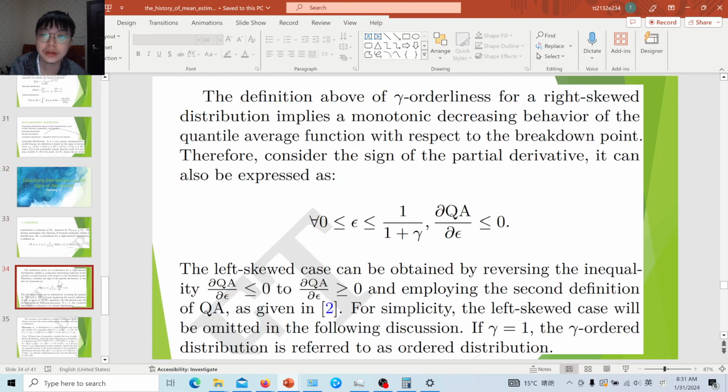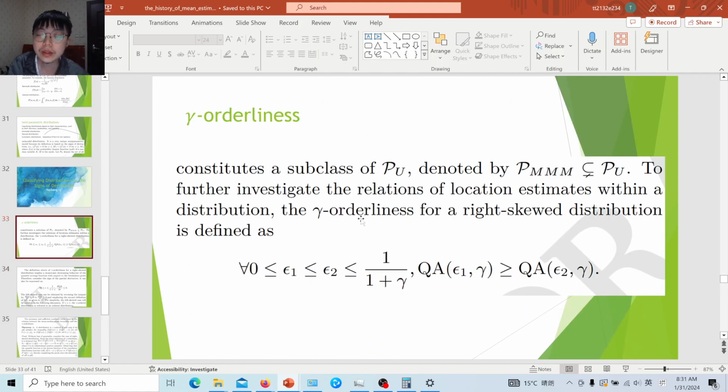The first is gamma ordering, and we can define it as the partial derivative of the quantile average being smaller or equal to 0. Another equivalent definition is that if we consider all the quantile averages, and for every quantile average, if its breakdown point is smaller than the breakdown point of another quantile average, then this quantile average must be greater than the other for a right skew distribution.